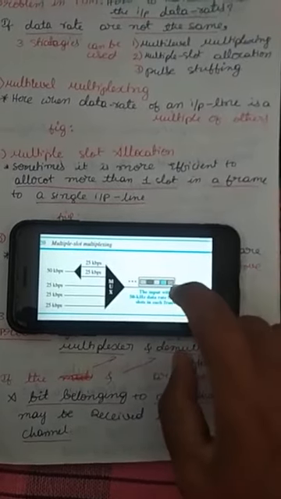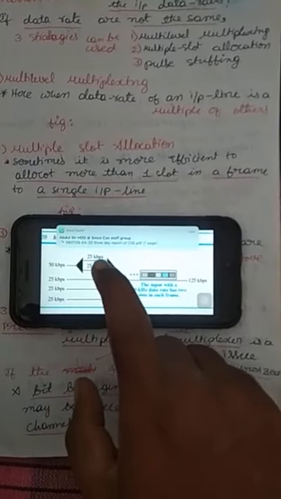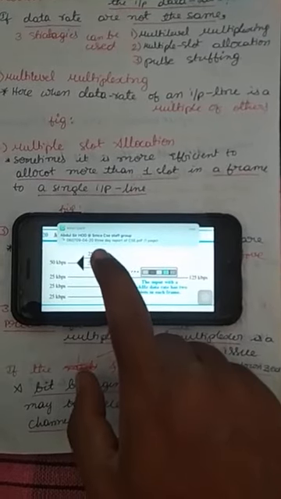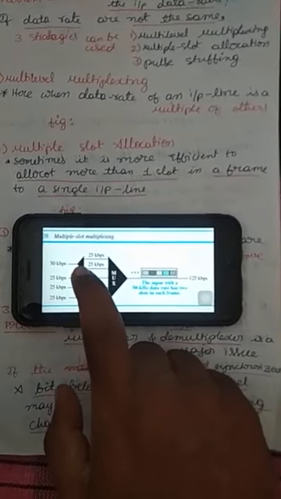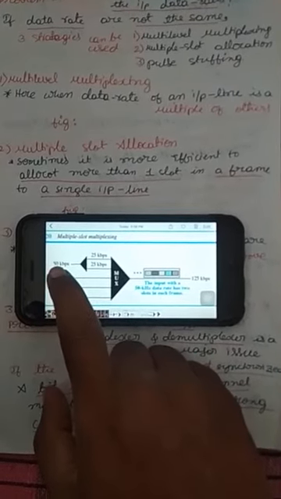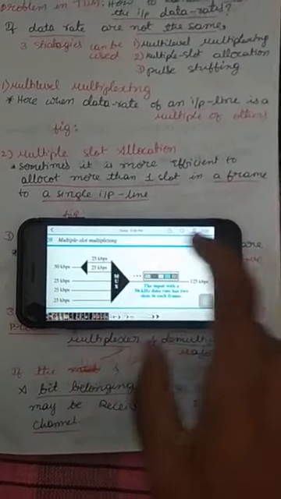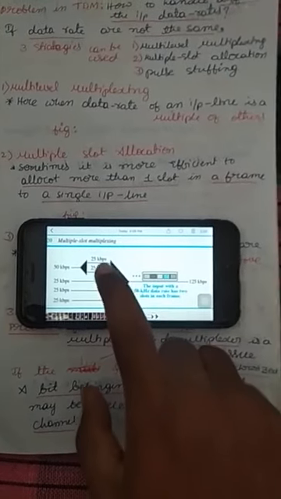To fill this extra slot, this 50 kbps line will be divided into 2 separate lines. This symbol represents demultiplexing of 50, meaning we divide this 50 into 2 parts, so we can fill all 5 slots. This 25 will be filled here, and this 25 here. This is the concept of multiple slot allocation.